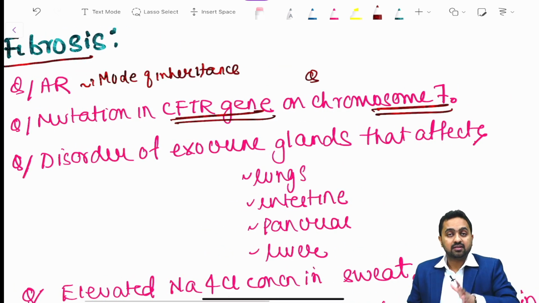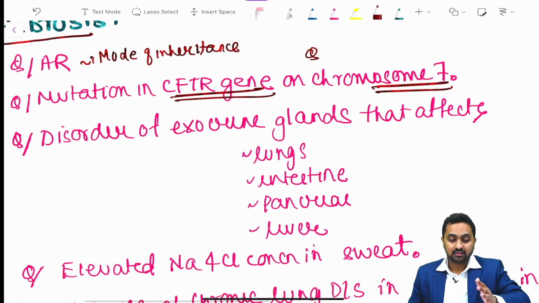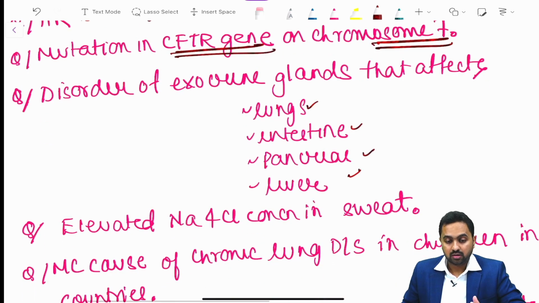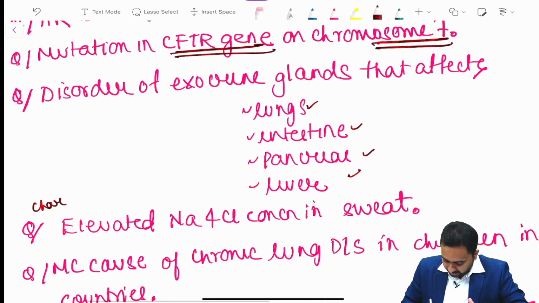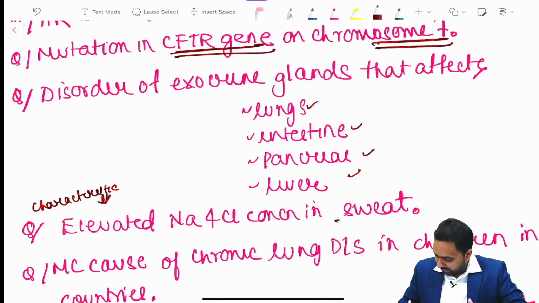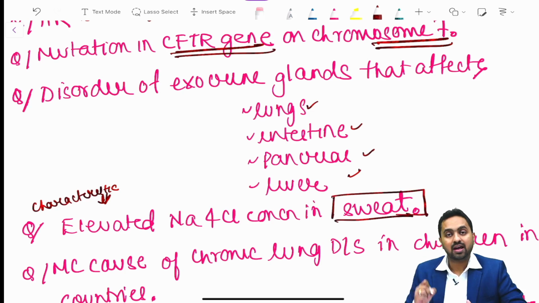It is a disorder of exocrine glands that affects your lungs, intestine, pancreas and liver. The characteristic finding that we see is elevated sodium and chloride concentration in the sweat, right? So please remember and look for these clinching one-liners in your question.